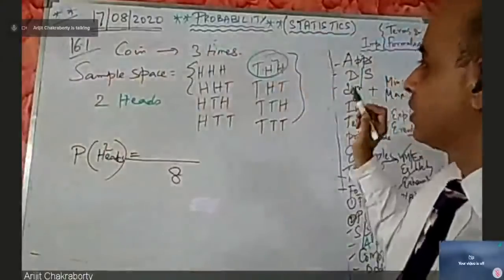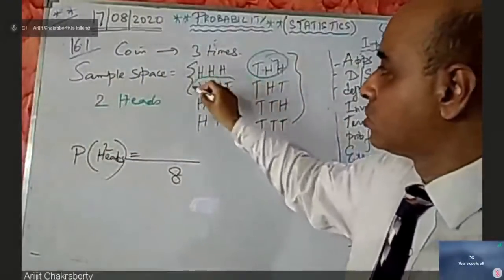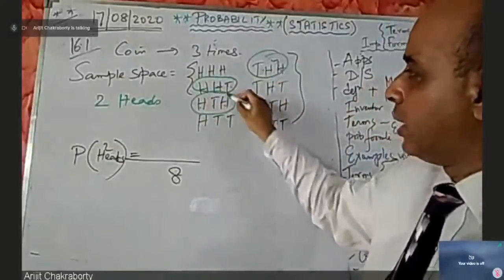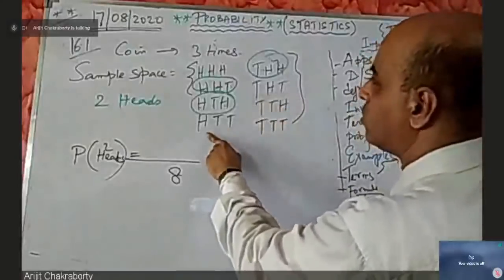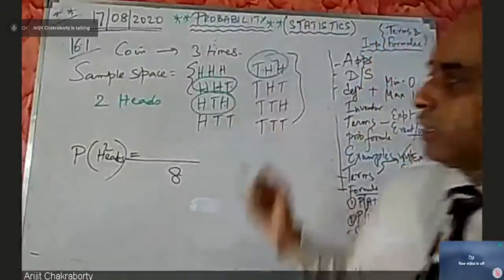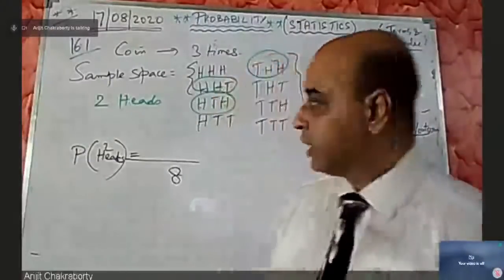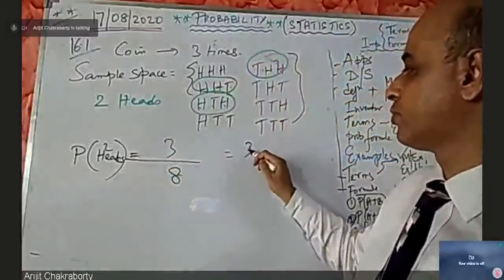Yes, 1. Head, head, tail. 2. Head, tail, head. 3. Any other? No. So I am getting 3 favorable events and the total number of events is 8. So my probability is 3 by 8. So the answer is 3 by 8.